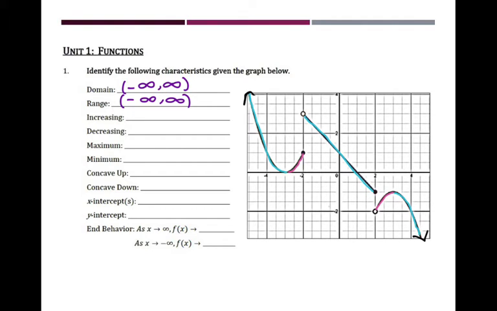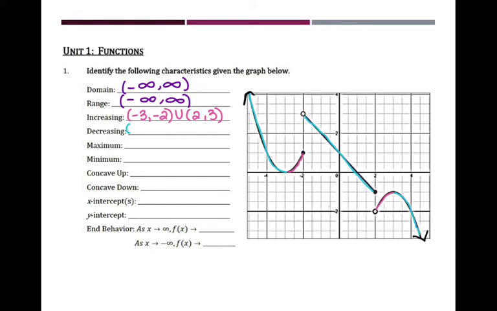So increasing is what I had in pink, and that goes from -3 to -2. That's the first portion in pink. And then the second portion in pink goes from +2 to 3. And then for decreasing, that's what I highlighted in blue.